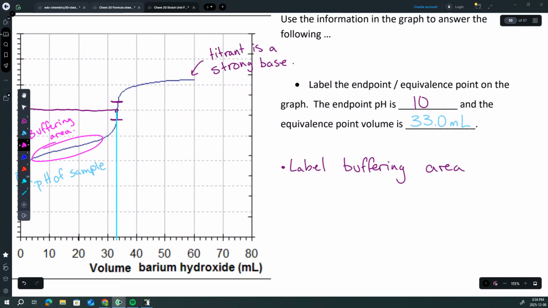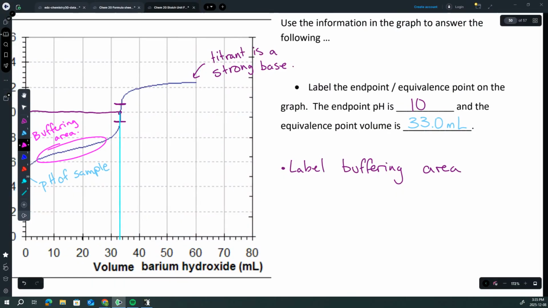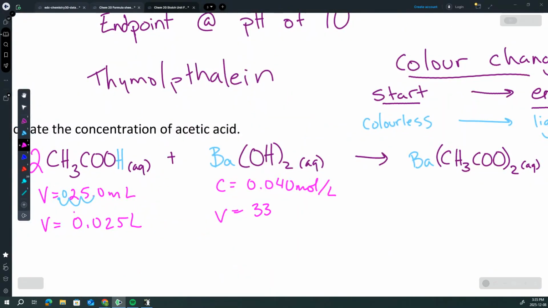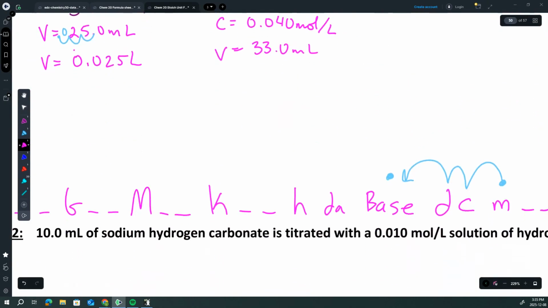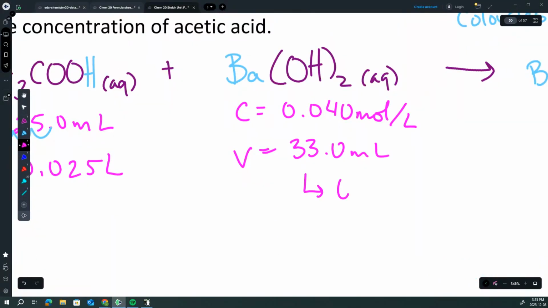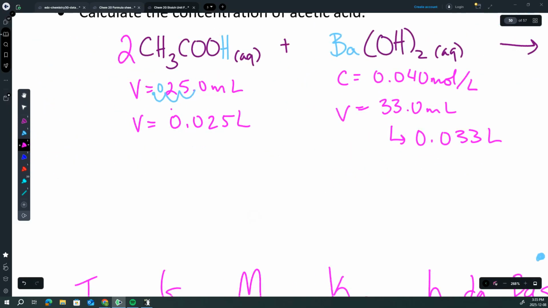We said that we used 33 milliliters to get to our equivalence point volume. So let's write that out. 33 milliliters, and we know that we need to move the decimal over 3 spots to the left. So that's going to be 0.033 liters.